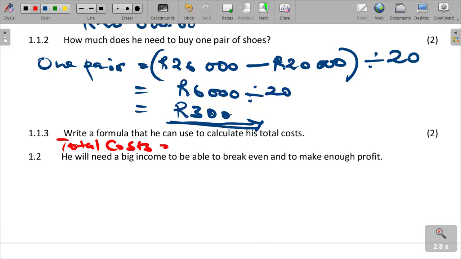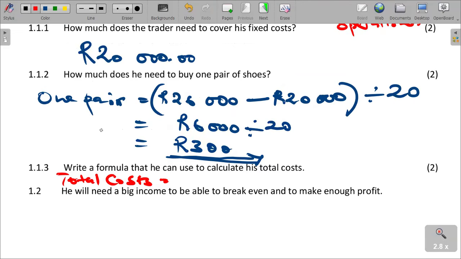His total cost is equal to the fixed cost of 20,000 plus the variable cost of 300, the cost per pair, multiplied by the number of pairs.